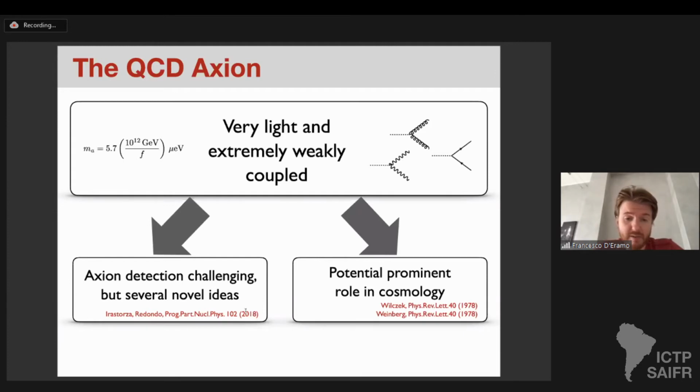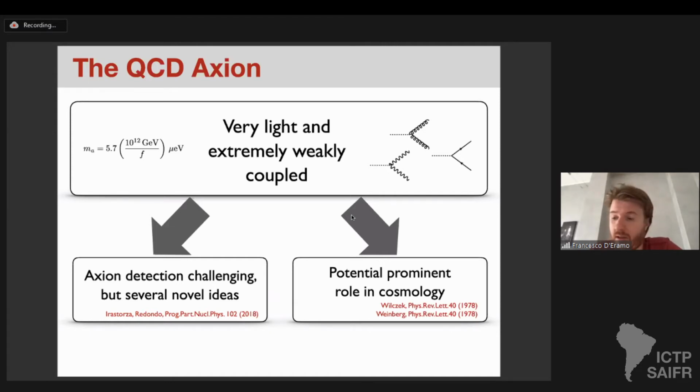And there is a nice review from 2 years ago where these ideas are summarized. So if you're interested in learning more about axion searches, you can read this review. But also, given the fact that it's very light and very weakly coupled, it has a prominent role in cosmology, as I will discuss in most of this lecture.